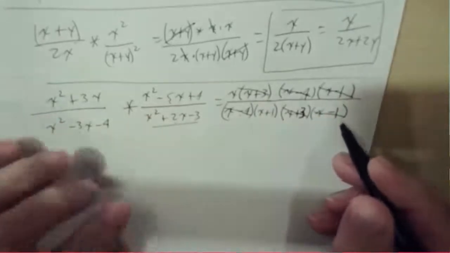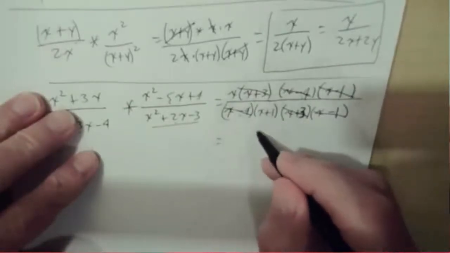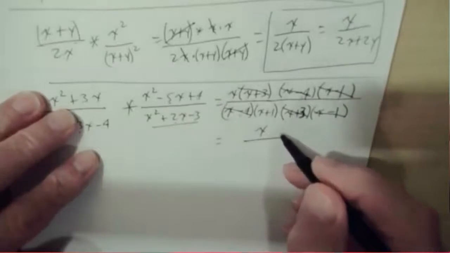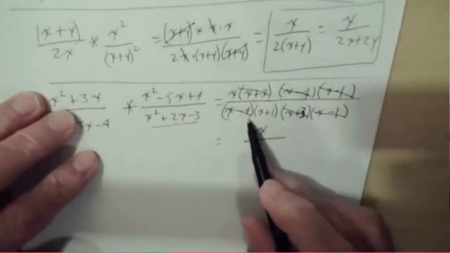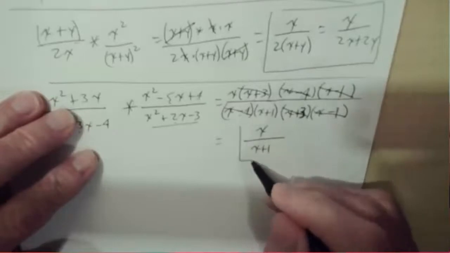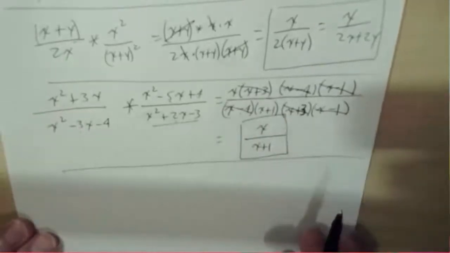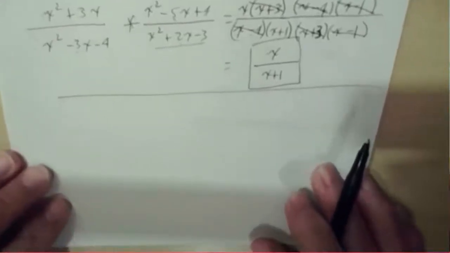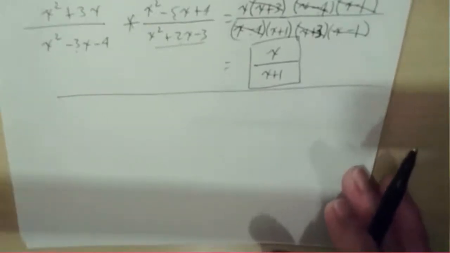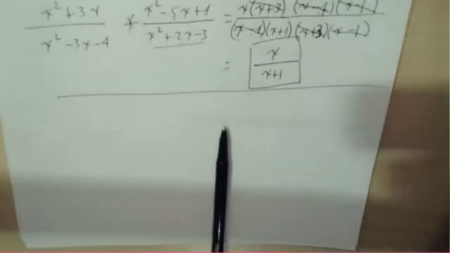All the numerators gone except for x. And what's left in the denominator? X plus 1. See, it's really not difficult. It's just a long, drawn-out process. Now you can see why we spent so much time factoring, because it comes into play in an awful lot of these things.